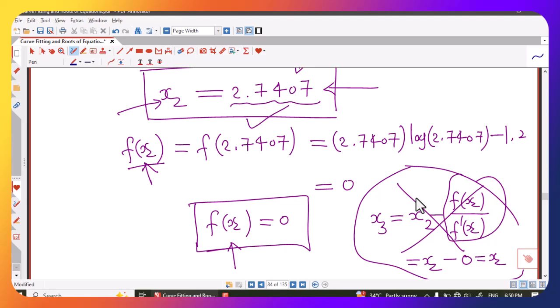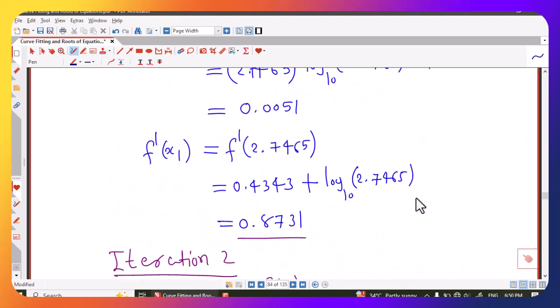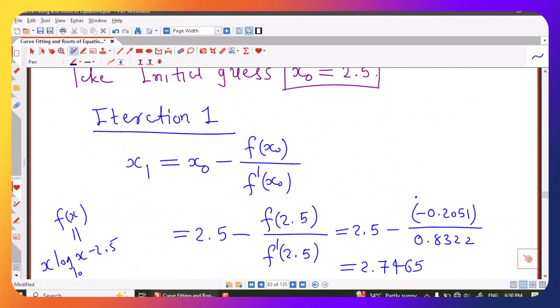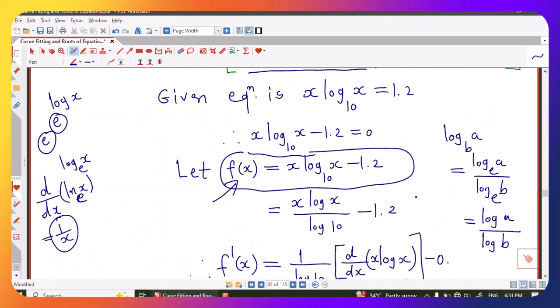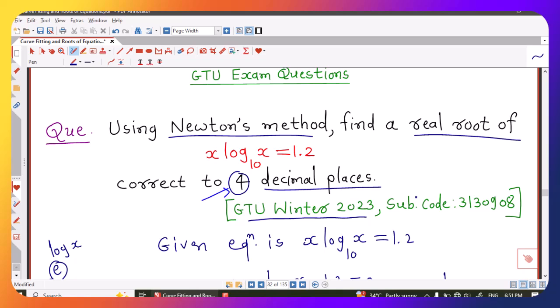So you can see within 2 iterations I am able to determine the root of given equation, which is correct up to 4 decimal places. That is the reason we say that Newton's method has fastest convergence as compared to other methods.